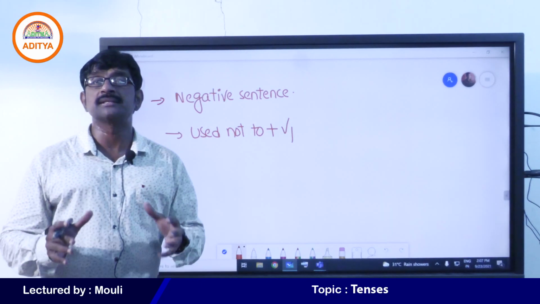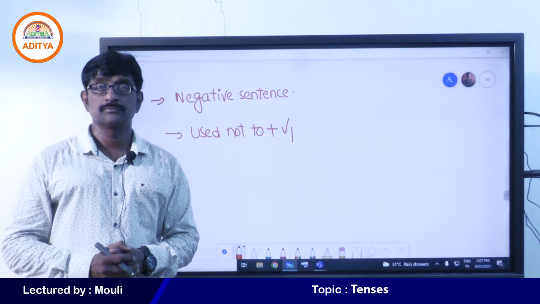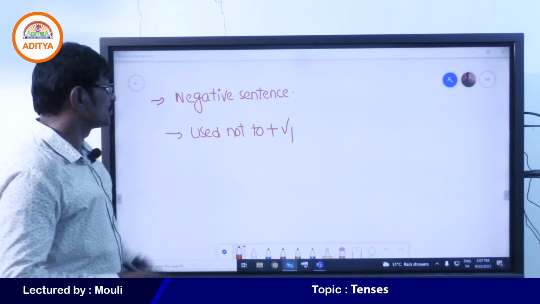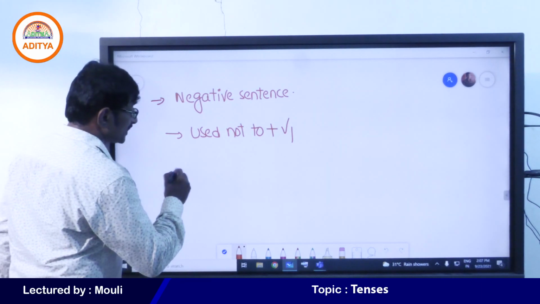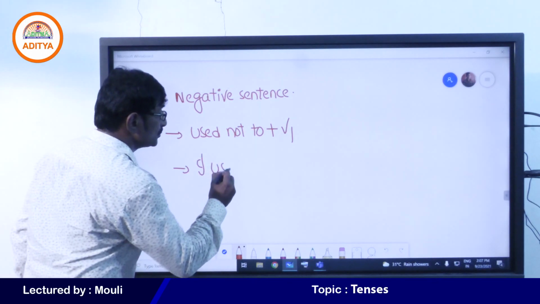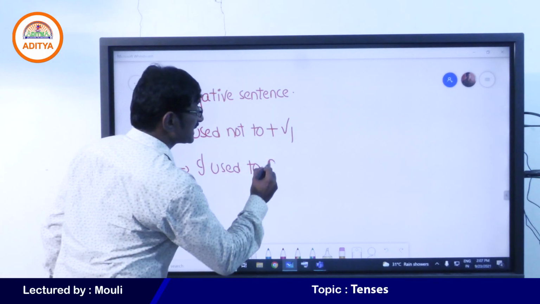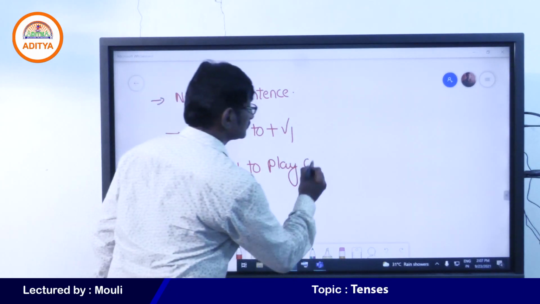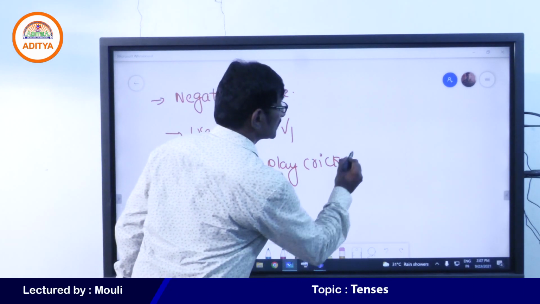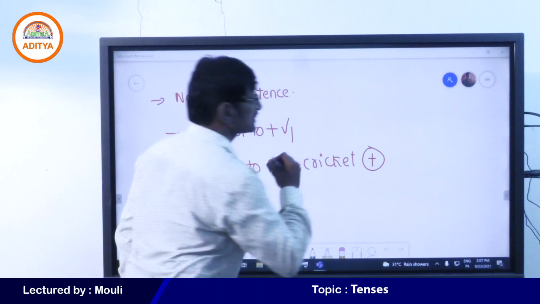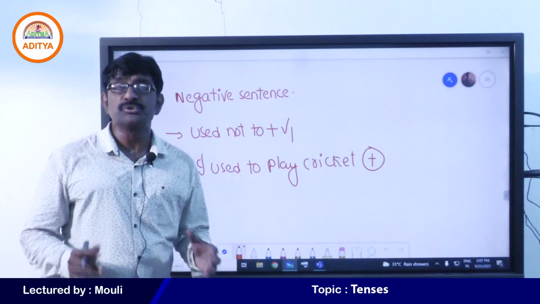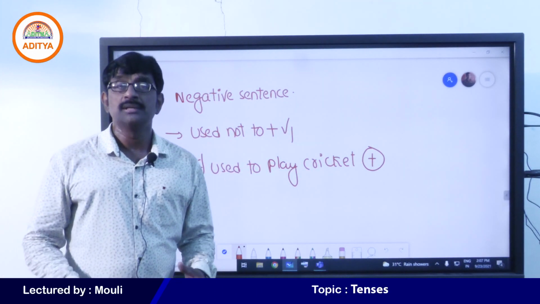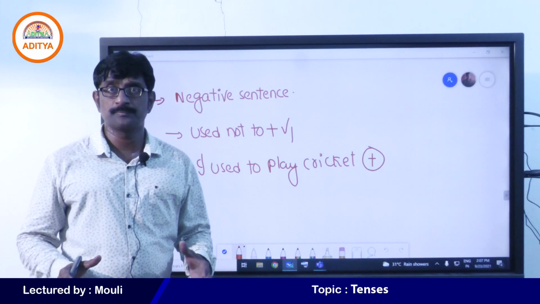How to make this sentence? Let us see now. I used to play cricket. This is a positive sentence.